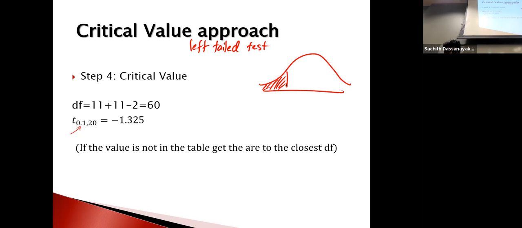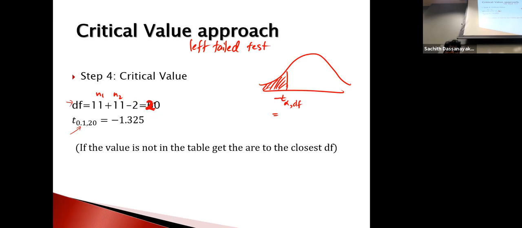So definitely the table t value is negative. It's going to be negative t alpha, comma, degrees of freedom. The degrees of freedom is n1 plus n2 minus 2, so this is 20.